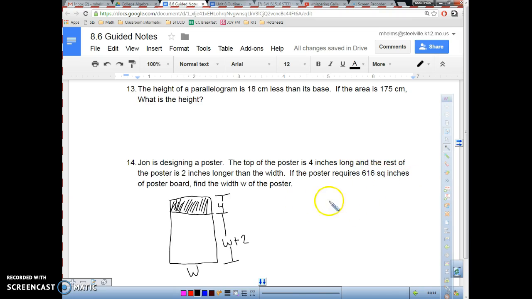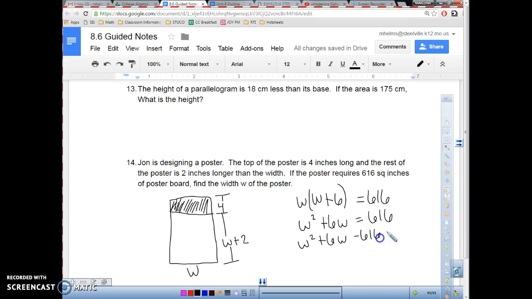So when you set it up, we know it's going to equal 616, in that we have the width times the width plus 6, because w plus 2 plus 4 would be w plus 6. So what you need to do is distribute your w. So w squared plus 6w is equal to 616. Now subtract your 616 over, and then you need to factor it.